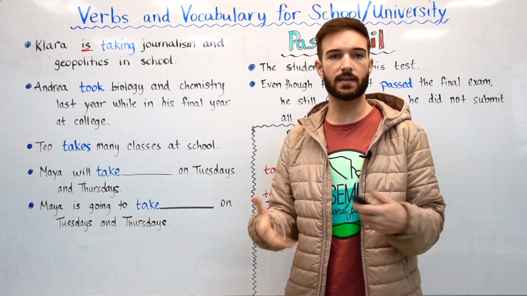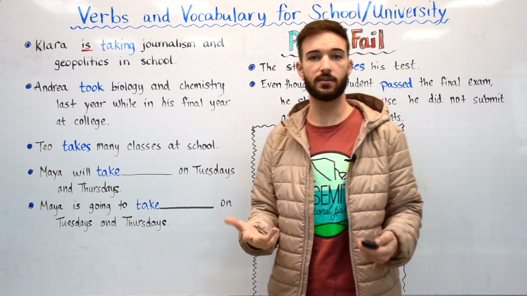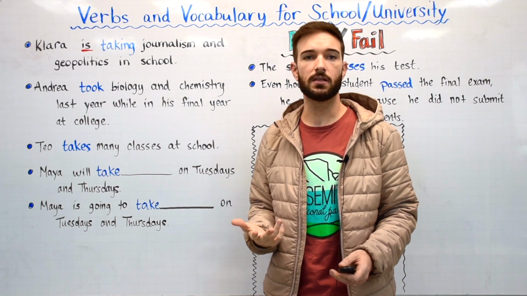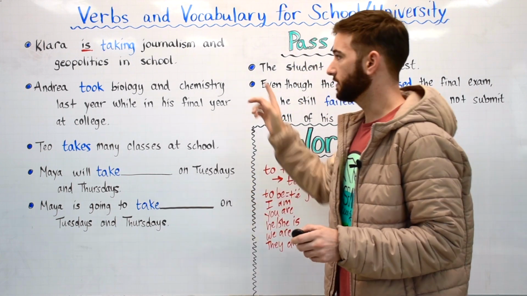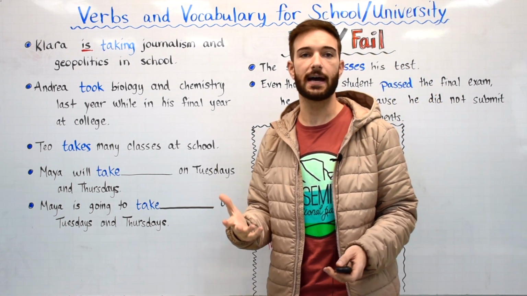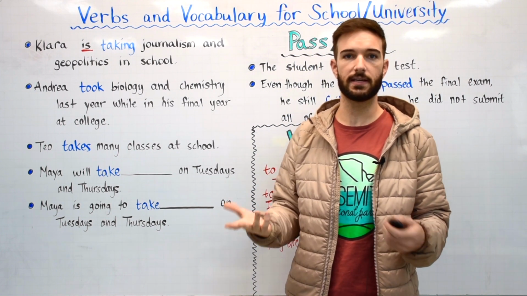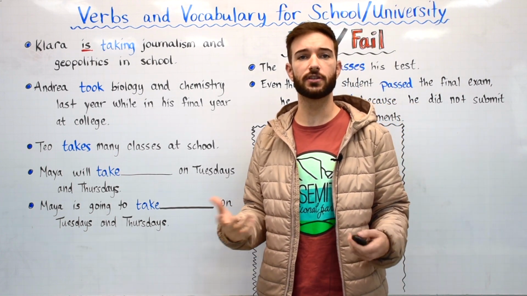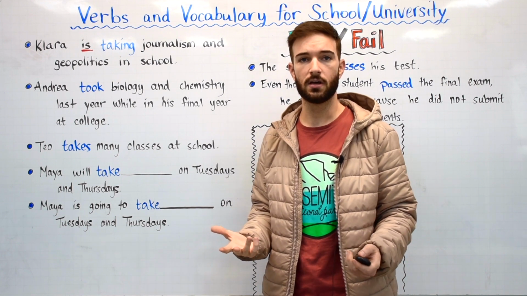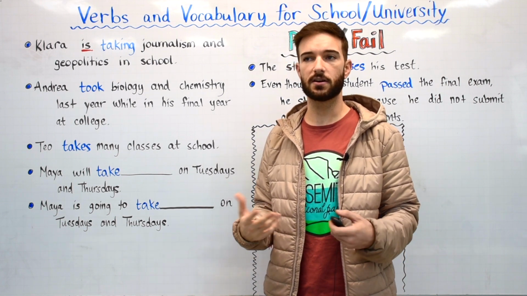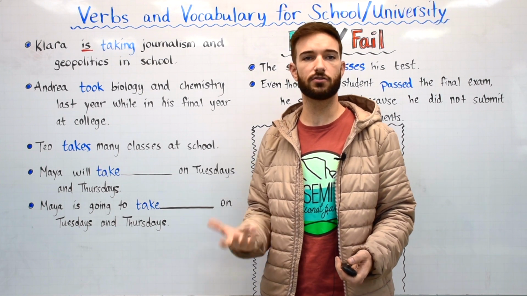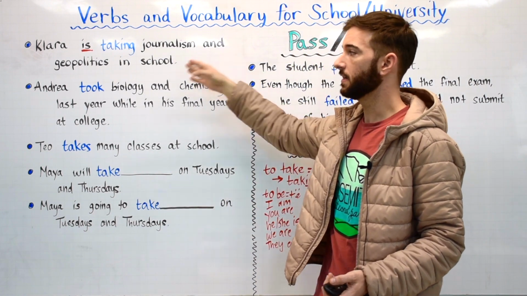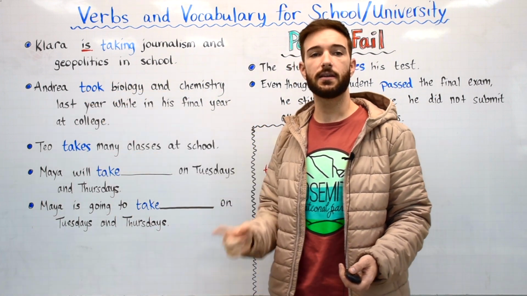Të marrësh. Sa herë që flisni për klasat që merrni në shkollë, duhet të përdorni këtë folje, okay? To take. So to take a class, for example, to take an English class, okay? Të marrësh një klasë, të marrësh anglisht. Ose në këtë shembull që sapo lexuam, Clara is taking journalism and geopolitics in school.